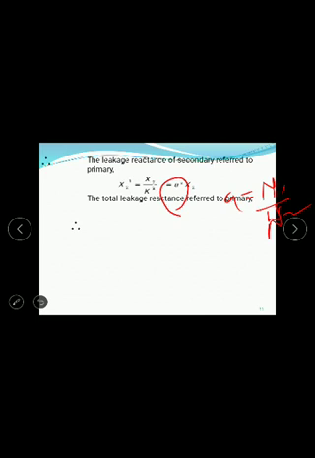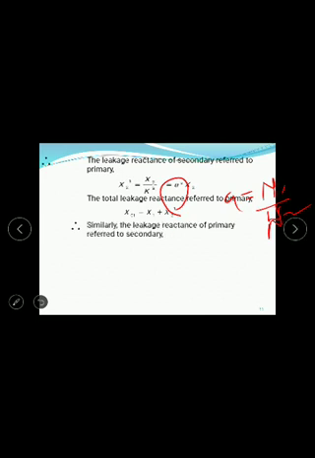The leakage reactance of the secondary referred to primary: X2 dash is equal to X2 by K square, that is equal to a square into X2. Here a is nothing but N1 by N2, the turns ratio. The total leakage reactance referred to primary, X01, is equal to X1 plus X2 dash.